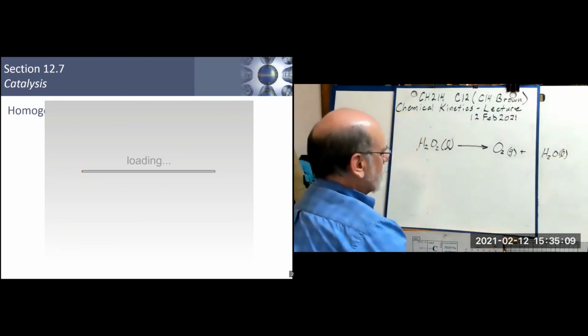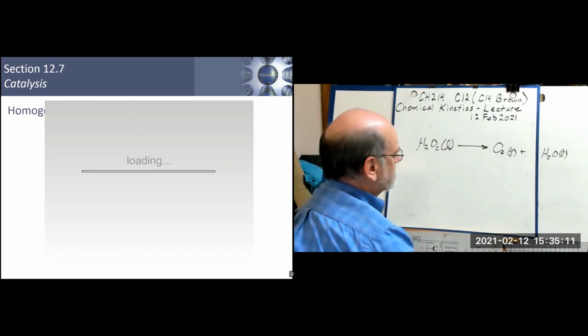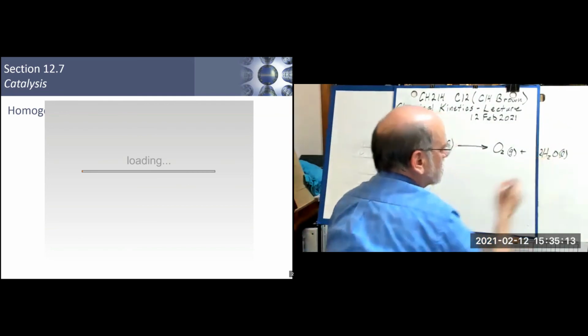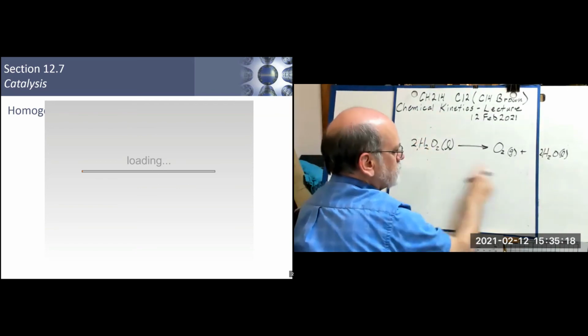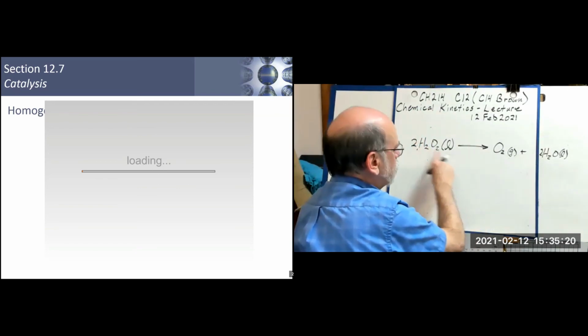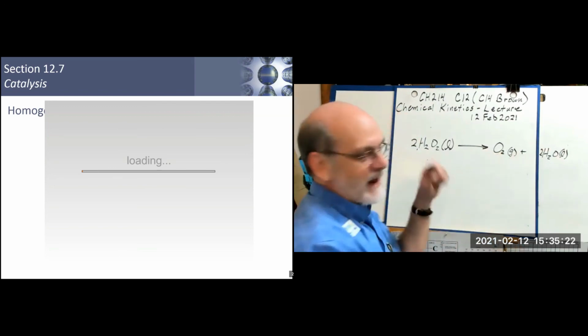Okay, so let me see, how would I balance that? I need maybe 2 here. So that makes 4 there. 4 hydrogens, 4 oxygens, 2 and 2. Okay, so that's balanced.